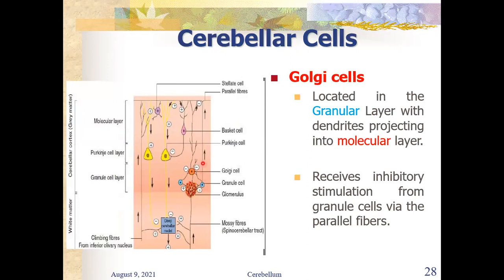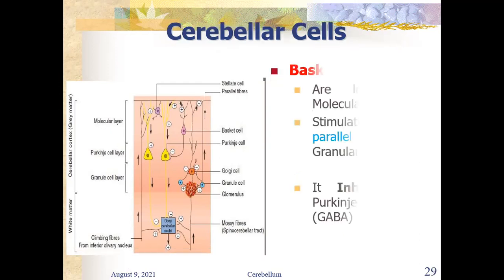The granule cells here stimulate the Golgi cells via the parallel fibers. Remember, the granule cells possess parallel fibers that extend into the molecular layer and synapse with the Golgi cells.